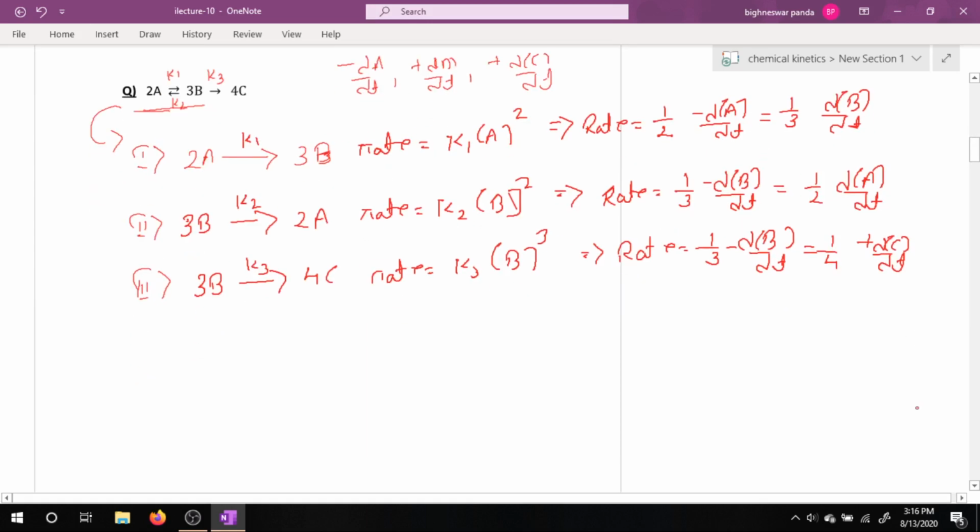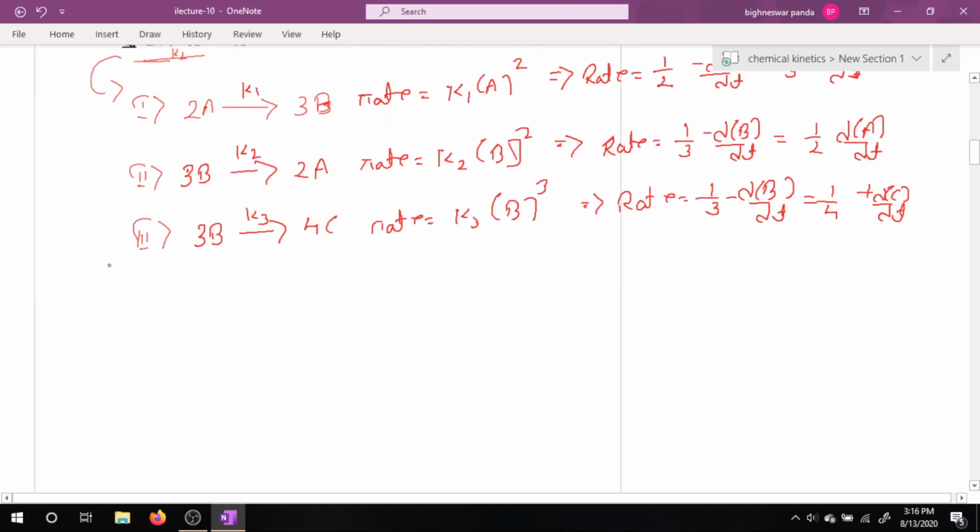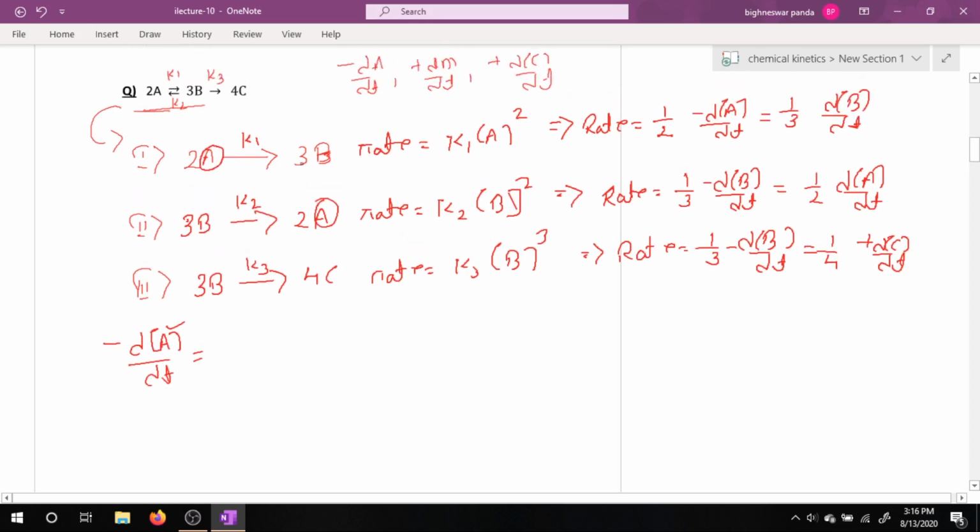So now what is the value of minus dA by dt? A is the reactant, and A is involved in the first and second reactions. Since both reactions are involved, the net change in minus dA by dt is the sum of both.